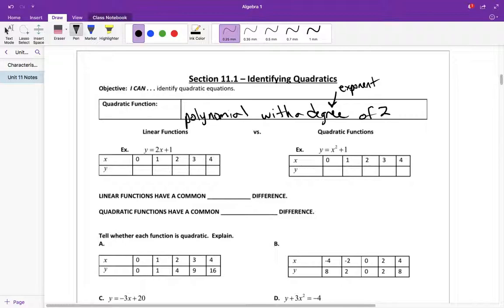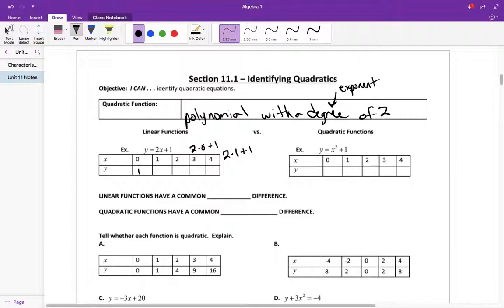So what we're going to do is compare linear to quadratic functions, starting by looking at their tables. I've got a linear function here, y equals 2x plus 1, which means if I put 0 in for x, I get 2 multiplied by 0 plus 1, and then you could type that into your calculator. You will get an answer of 1. And then if I wanted to do the number 1, I'd put 1 into it, so 2 multiplied by 1 plus 1.